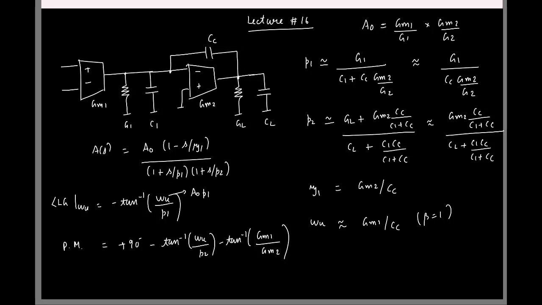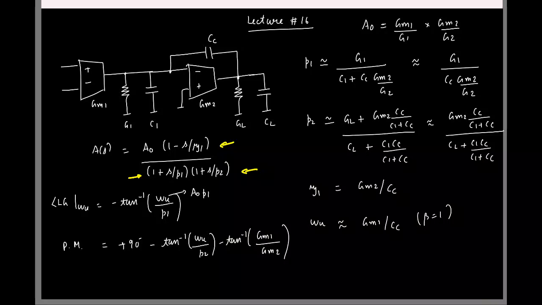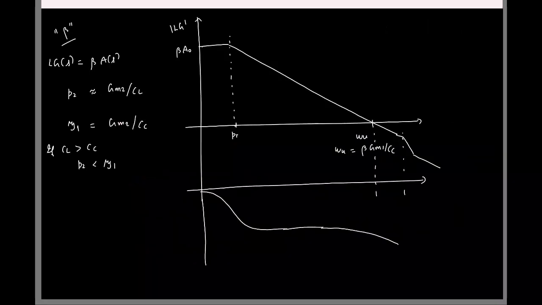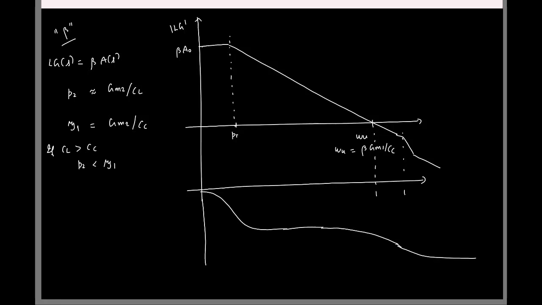We have two poles and a right half plane zero. As omega tends to infinity, the phase will be minus 270, because the two poles give minus 90 each, and the right half plane zero contributes an additional minus 90. Let's say this is minus 90, and this is minus 180. Draw it slightly lower.